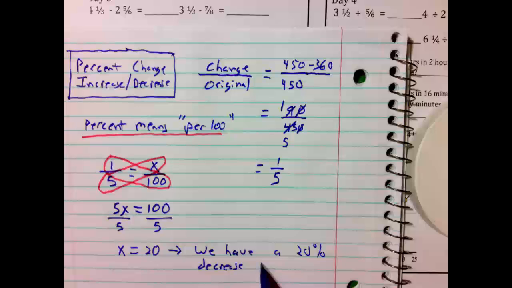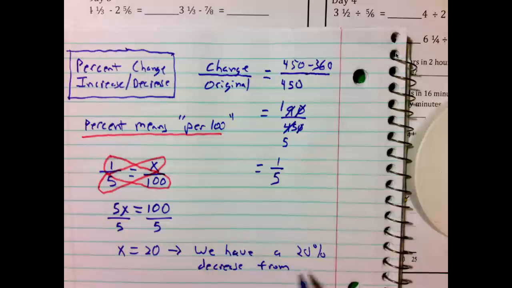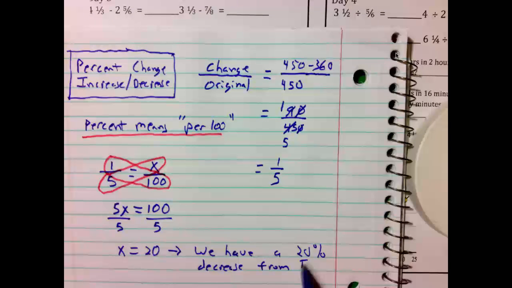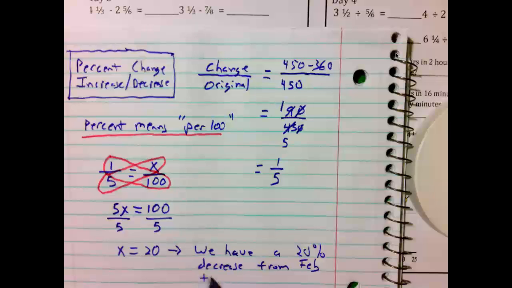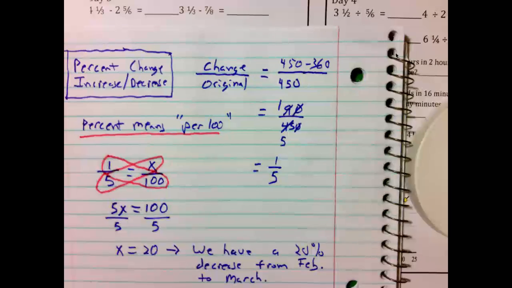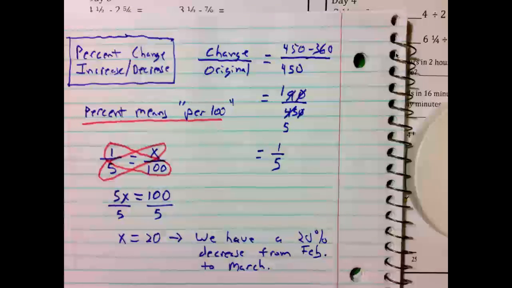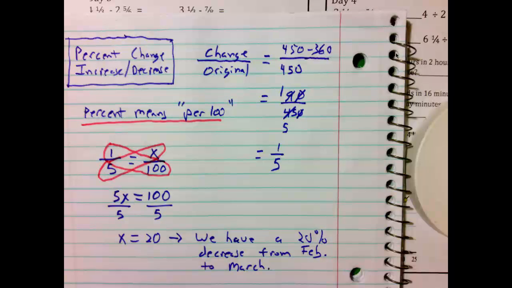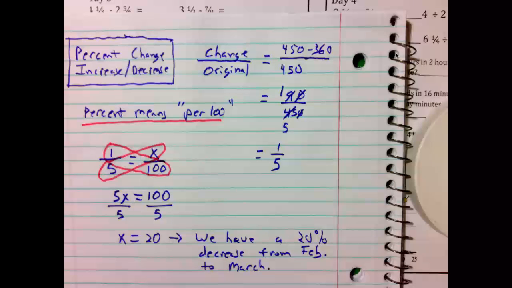Decrease from February to March. Feb to March. All right. Perhaps that will assist with the other 2 percent problems. Although they are not percent increase or decrease, the procedure may be helpful there.